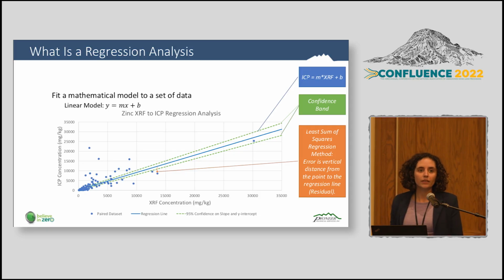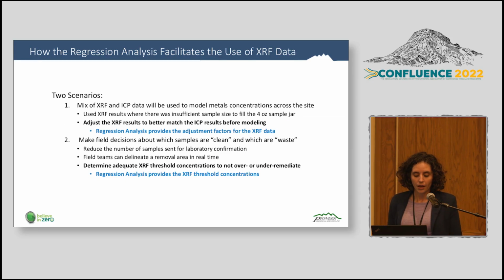For the projects that I've been working on thus far, we've had two general scenarios of when we've done a regression analysis using XRF data. In the first, we've got a mixture of XRF and ICP data that we want to use to model metals concentrations across the site. So we'll use a 3D modeling program to model concentration plumes.